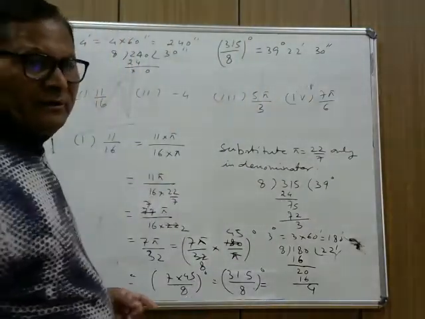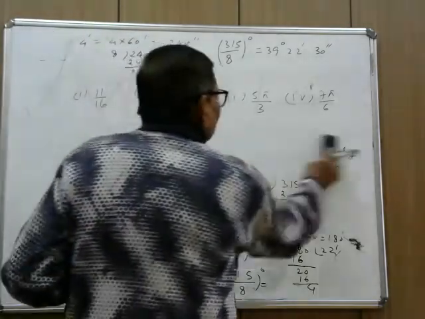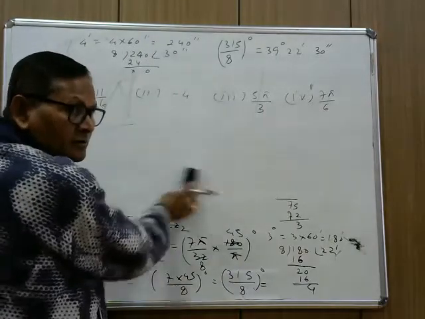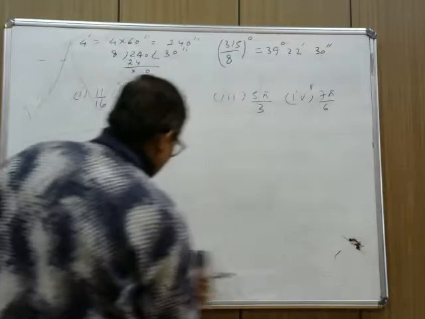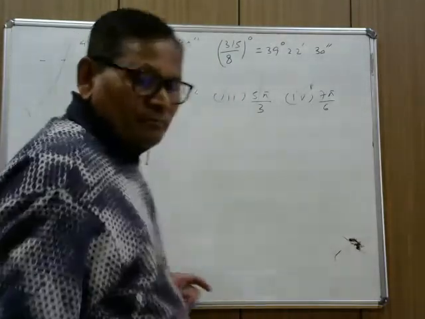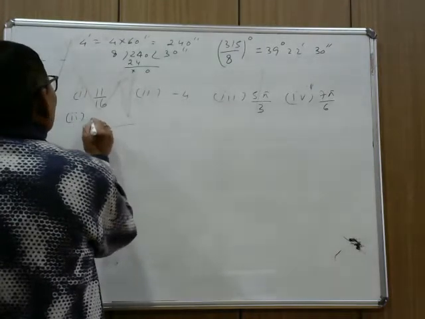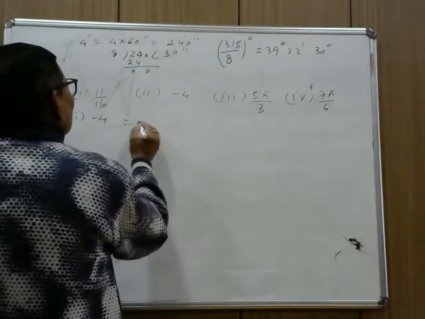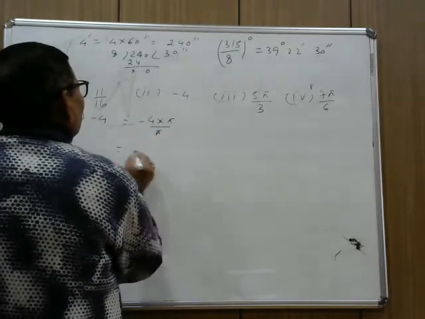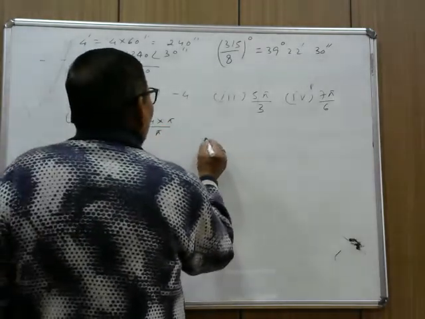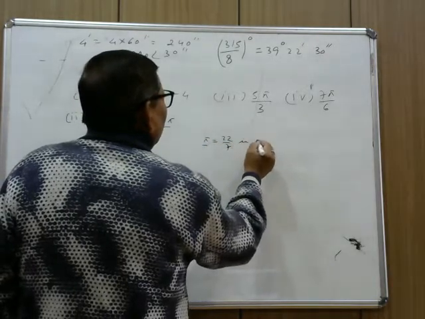Now come to the second part. Your second part is -4 radian, that is equal to -4 multiplied by pi upon pi. Again you substitute pi equal to 22 by 7 in the denominator.